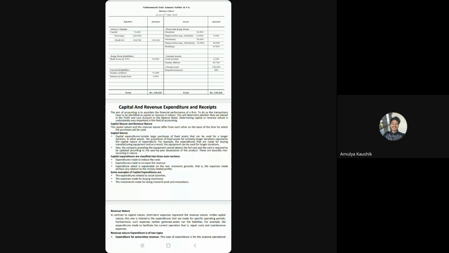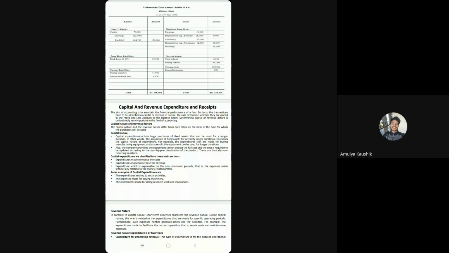Wages and salaries you are paying for the production of goods and services are to be treated as revenue expenditure and shown in the trading account and the profit and loss account. Suppose you are paying any wages at the time of purchase of your asset, that is to be treated as capital expenditure.